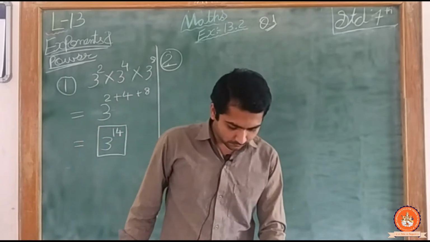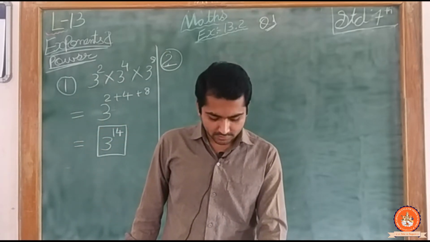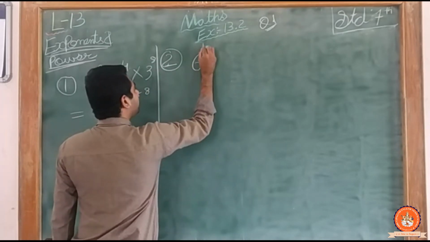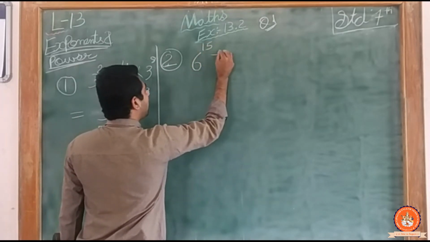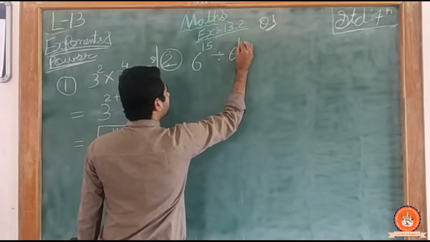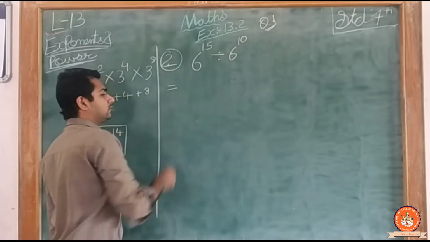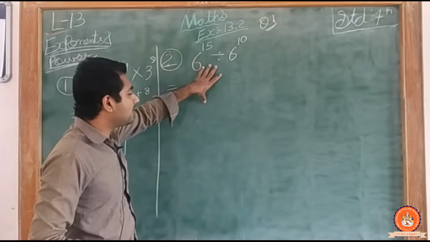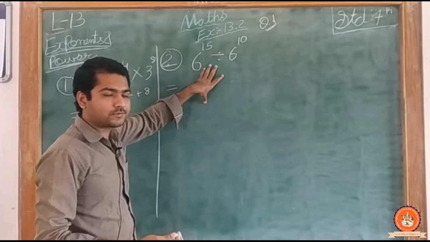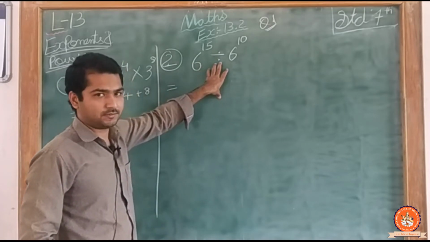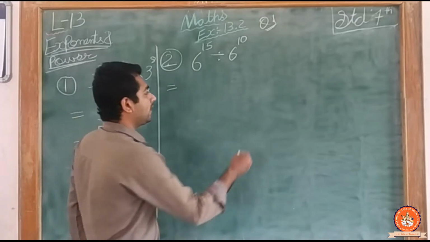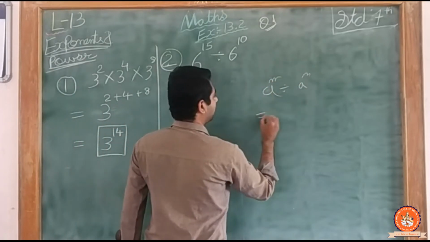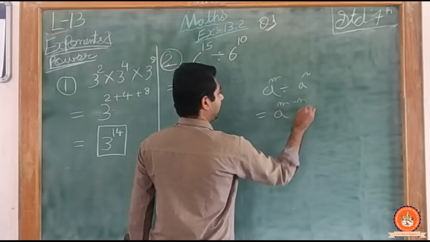What is number 2? 6 raised to 15 divided by 6 raised to 10. Similarly, we have to subtract the powers, because here is a sign of division, as per the formula I gave you: a raised to m divided by a raised to n is a raised to m minus n.